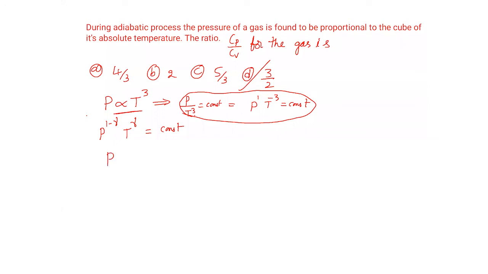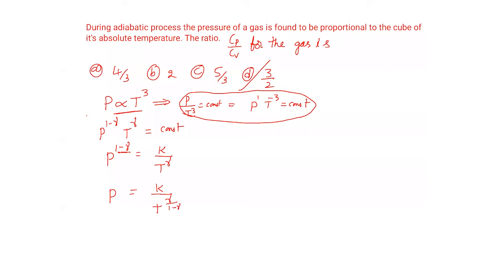Now, we have 1 minus gamma as power to this P. So P power 1 minus gamma is equal to some constant divided by T power gamma. Now we have to eliminate this 1 minus gamma. When it comes this side, P is equal to K by T to the power of gamma by 1 minus gamma.